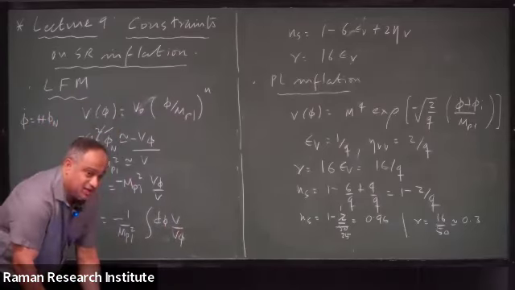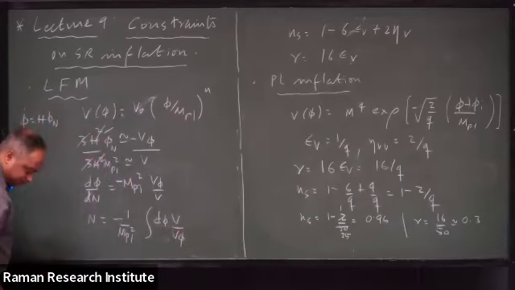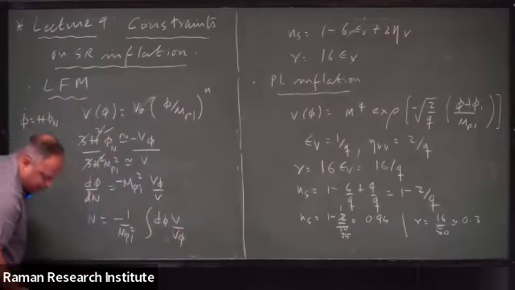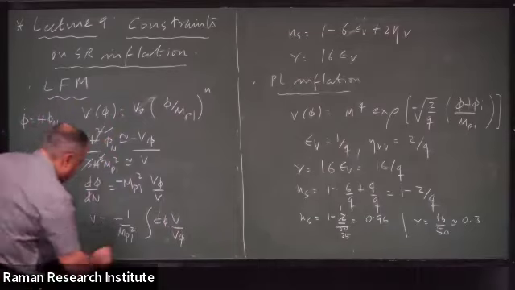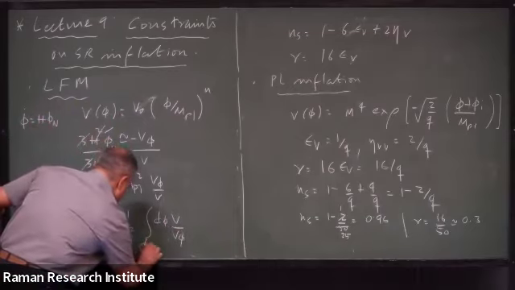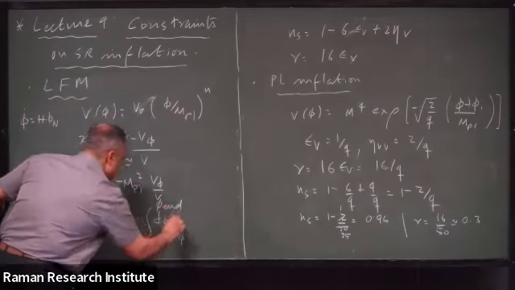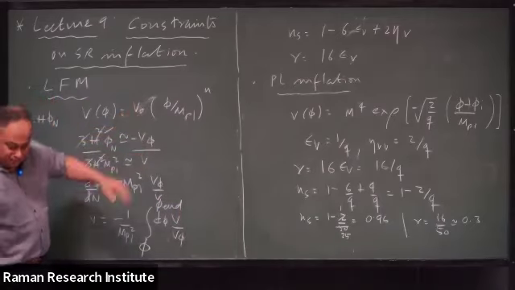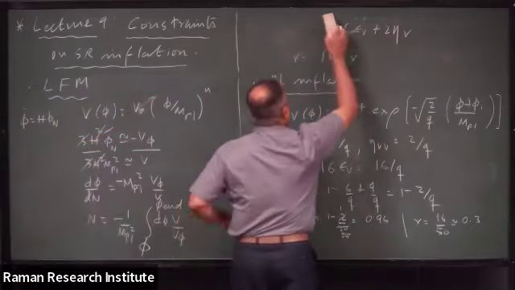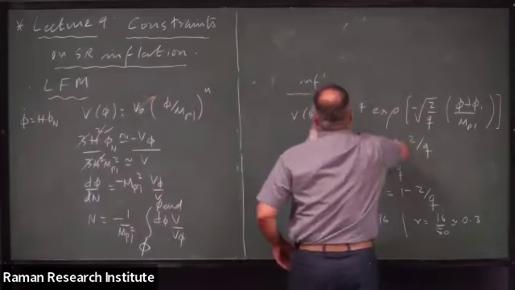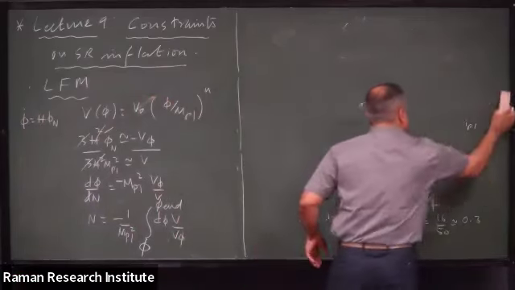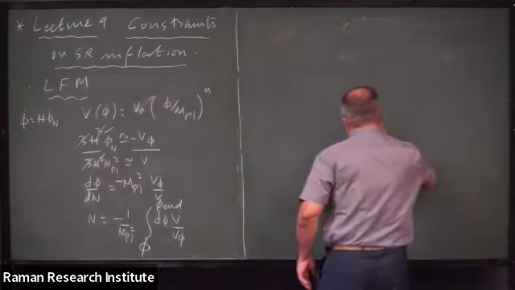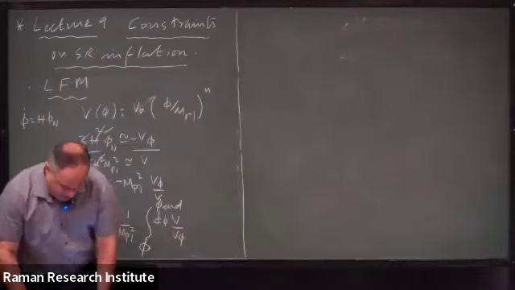And what we are going to integrate is that. So let me understand my notation. We are going to integrate from phi to phi_end, right? And we know where phi_end is located. Phi_end is located when epsilon_V is 1. Okay, so what do I have? So remember these expressions. So what do I have now?